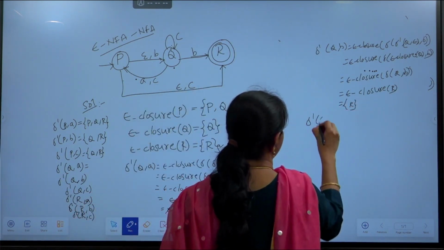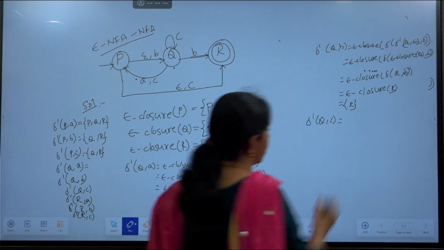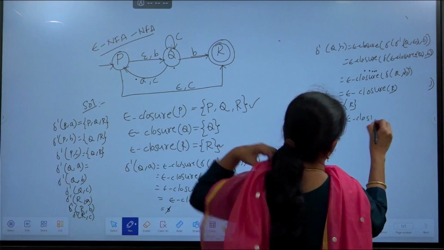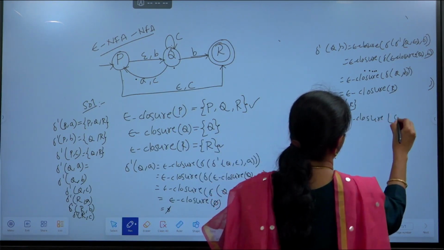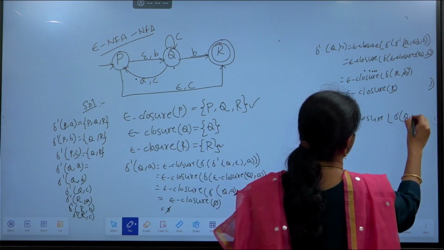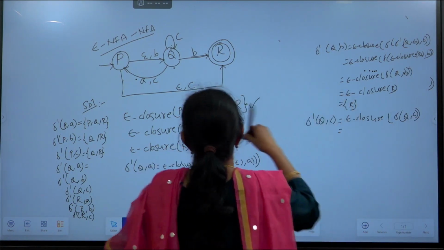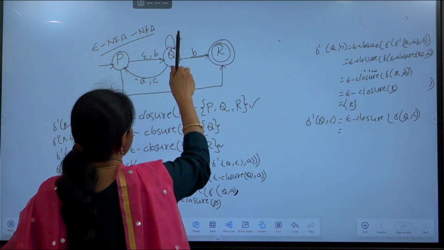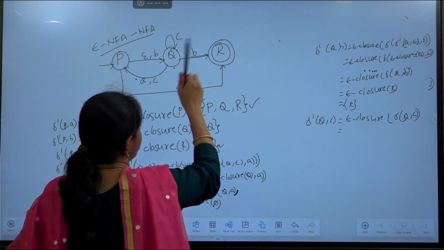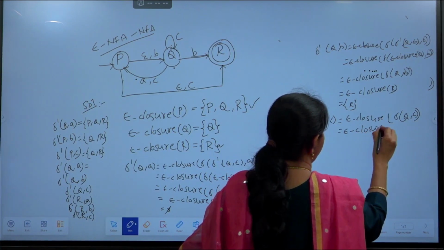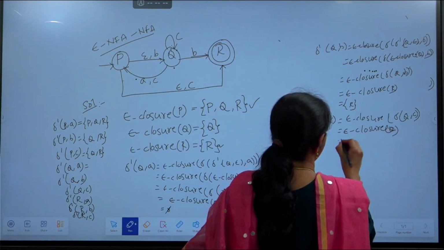Same like that we have to perform on input alphabet C. That means epsilon closure of delta of Q comma C. Delta of Q comma C is Q on input alphabet C. We have a transition to the same self state, that is Q. Epsilon closure of Q. What is epsilon closure of Q?